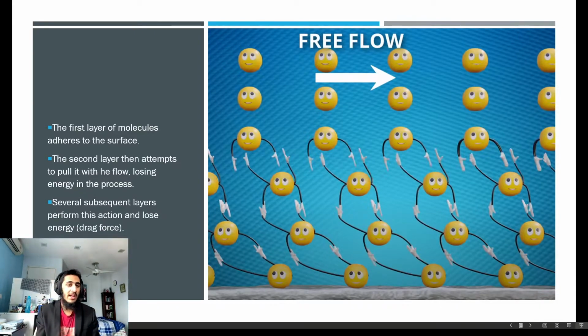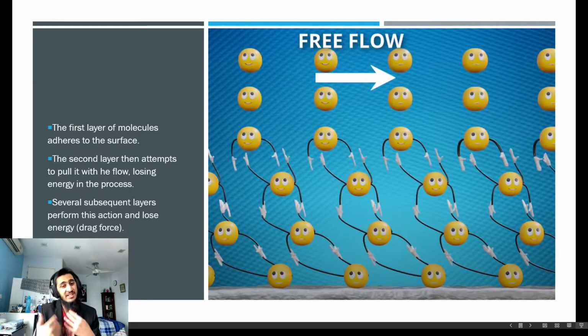Now, as you can see in the image over here, this only happens for a certain amount above the surface. Everything outside of that is a free flow, where the flow is not relative to the layers. So, in the area where this effect happens, it is called the boundary layer. And the effect in itself is called viscosity.